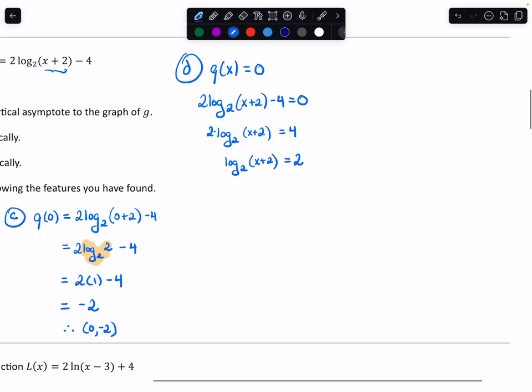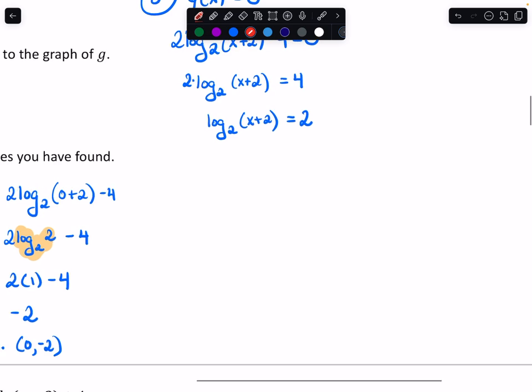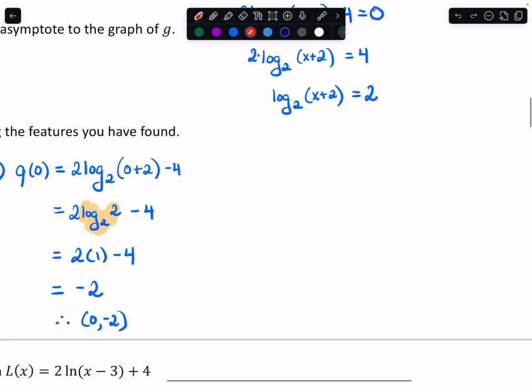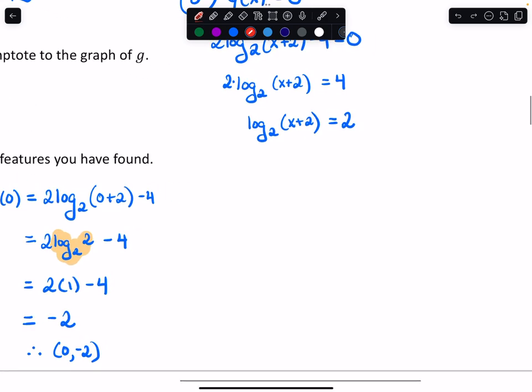And now, this is the thing that mystifies people. There's this switch that happens, but one way I tell students to think about it is that you're really doing this the same way you do any other equation. How are you getting rid of log base 2 on the left-hand side? You're using the inverse, so you're undoing log base 2.